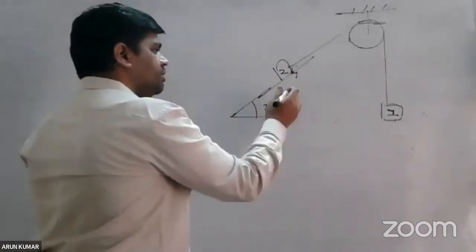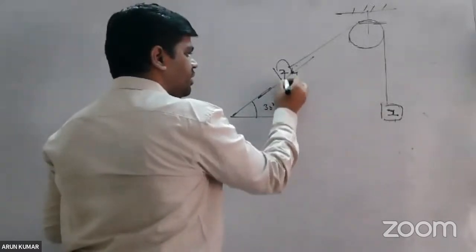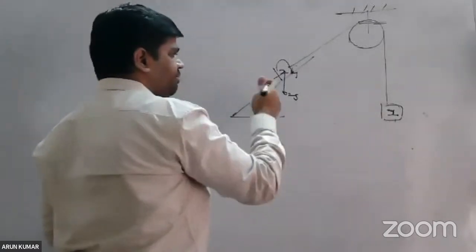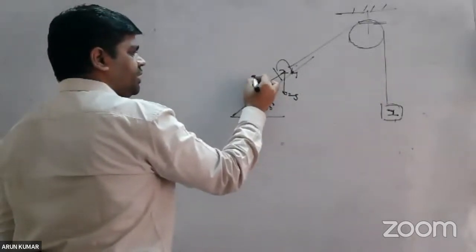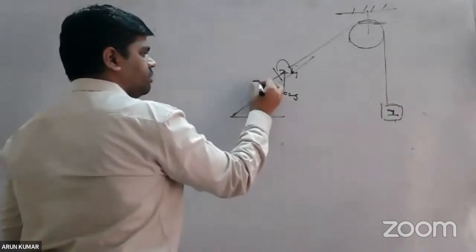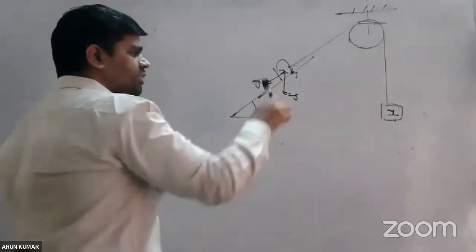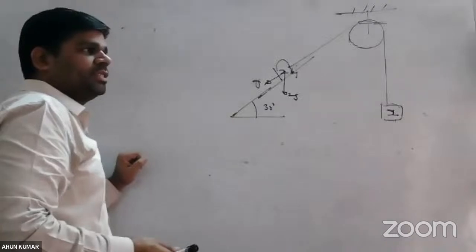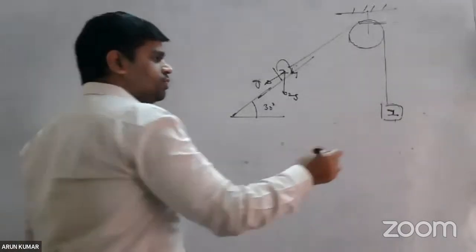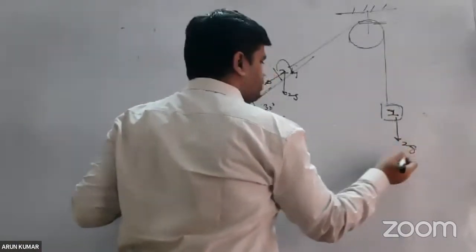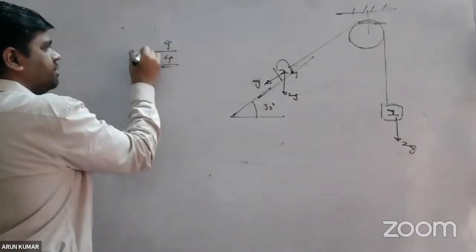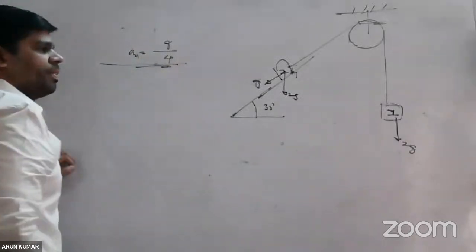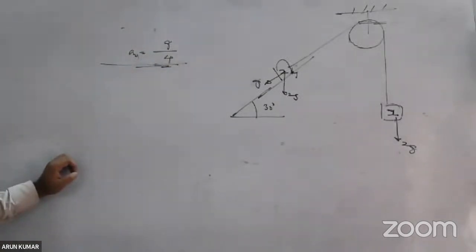The opposing force is 2g downward, and its component along the plane will be 2g sin 30, which is 2g into 1 by 2. The 2 gets cancelled and then g. So 2g minus g, which is g by 4, is my acceleration. Is it clear? g by 4.